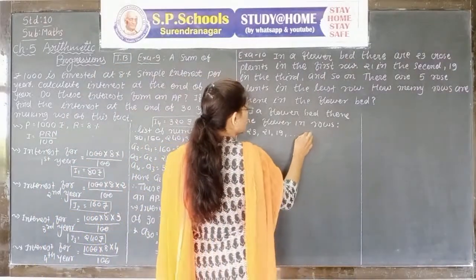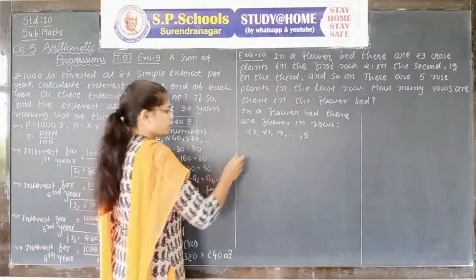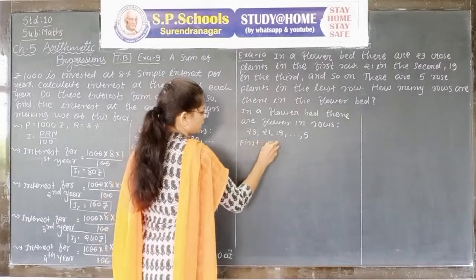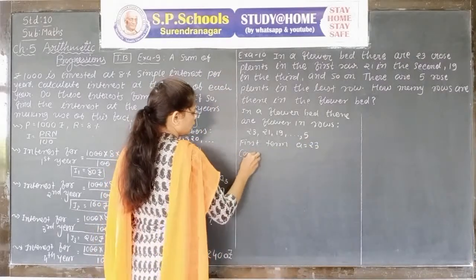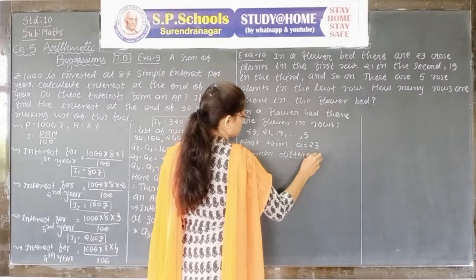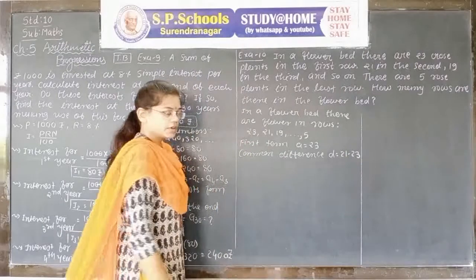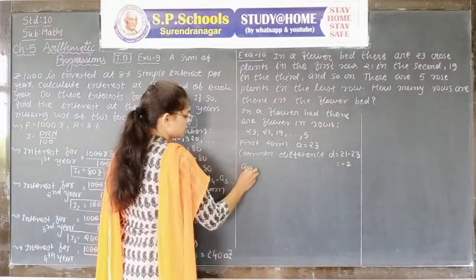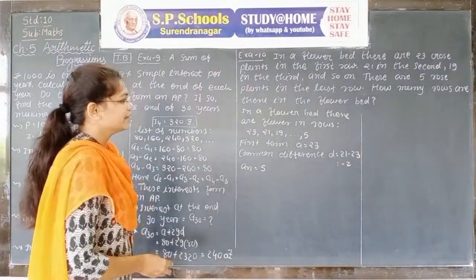We don't know which is our last row, but there are 5 plants in the last row. It is a finite AP. The first term A is equal to 23, common difference D is equal to 21 minus 23, which is minus 2. We know the last term An is equal to 5. We find how many rows are there in the flower bed.